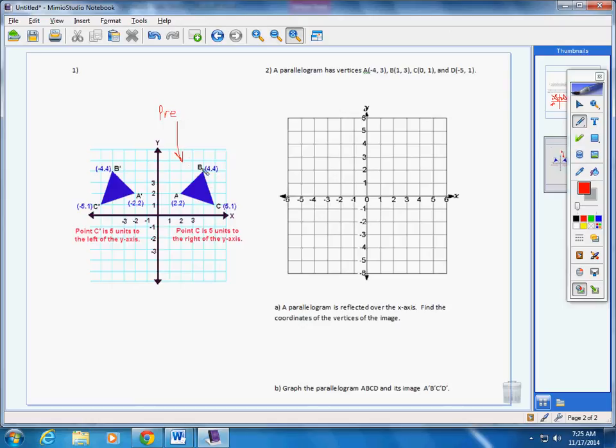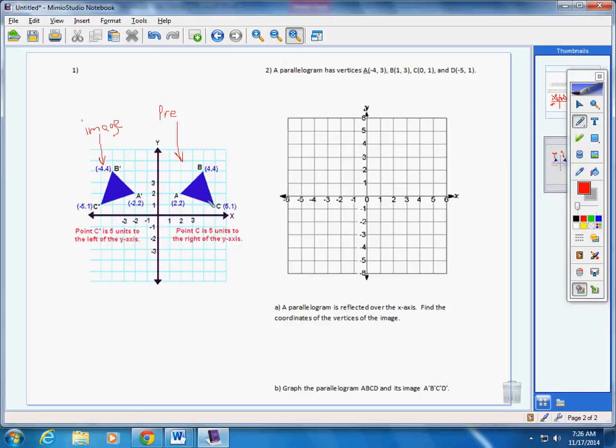You should know that because my points are labeled A, B, and C, and my points on the image are labeled A prime, B prime, and C prime. So remember, prime means that this guy is the new figure, or the image. Okay, let's try and figure out what happened here.